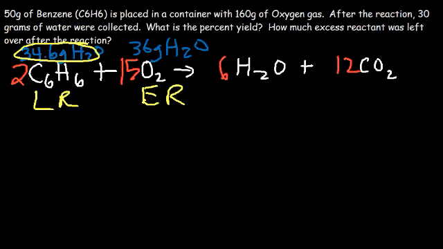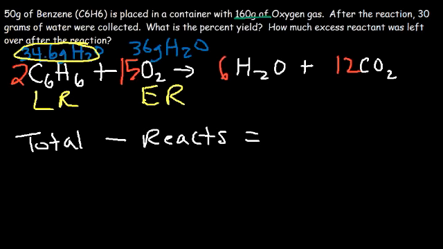Now we can focus on the second part of the question, and that's calculating the amount of excess reactant that's left over. Remember, to find the amount of excess reactant left over, we need to take the total, which is the 160 grams of O2, since O2 is the excess reactant, and subtract the amount that reacts, and that's going to equal the amount that is left over.